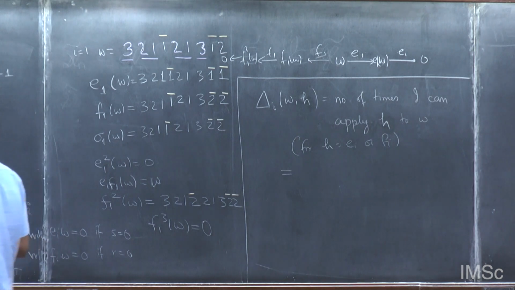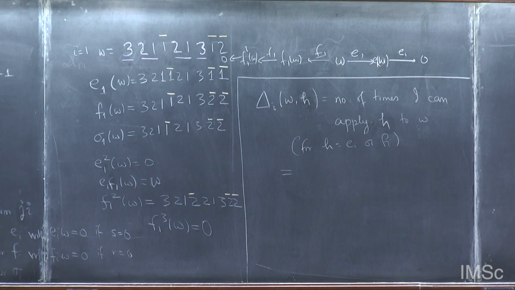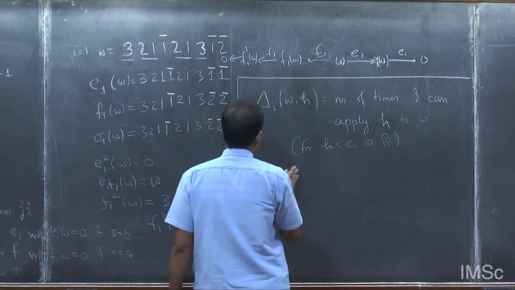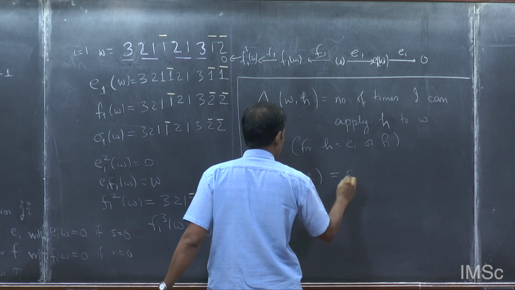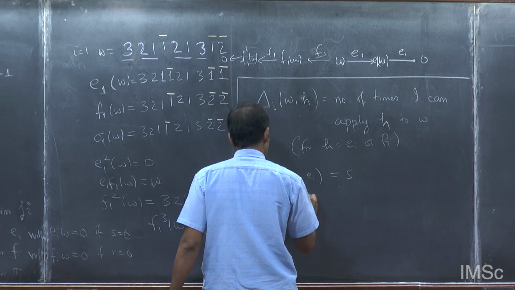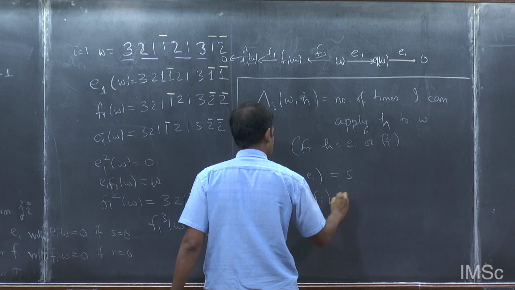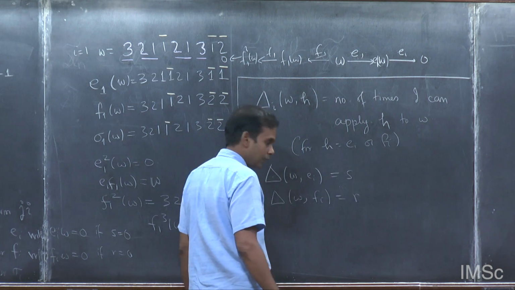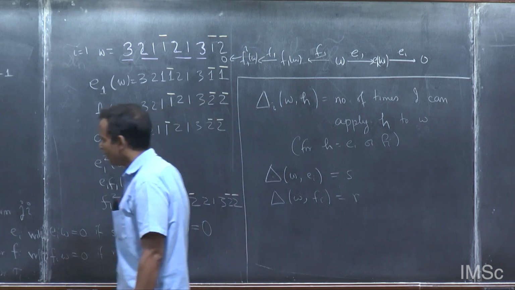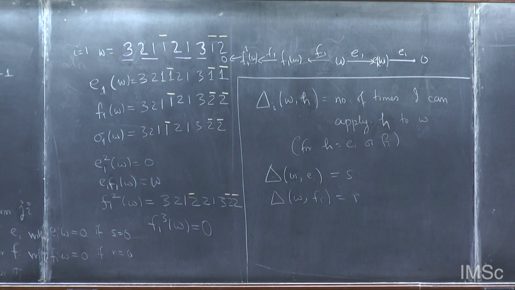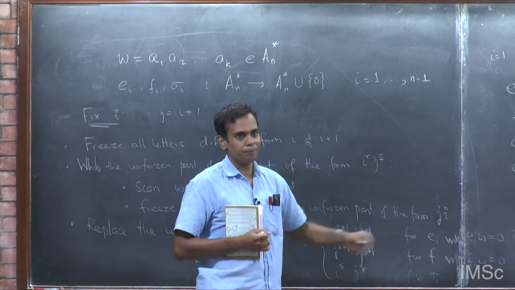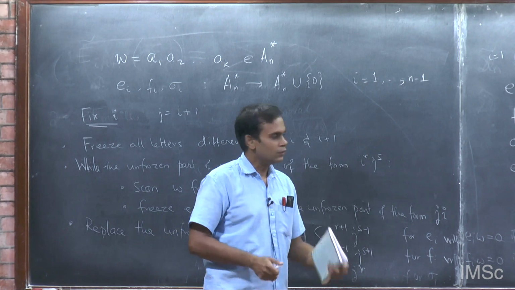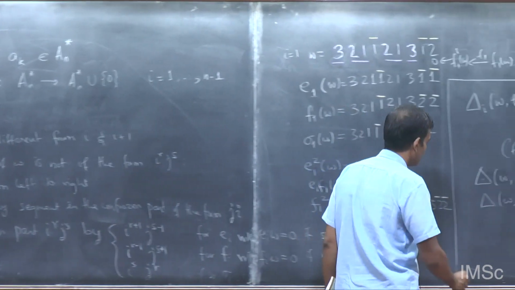Well, I have S j's and I can reduce them to 0, right. So this is equal to S. So delta W E I in the notation of the algorithm is S, delta W F I is equal to R, right. And when we were freezing away stuff, we were always freezing one J and one I together, right. So what can you say about this?